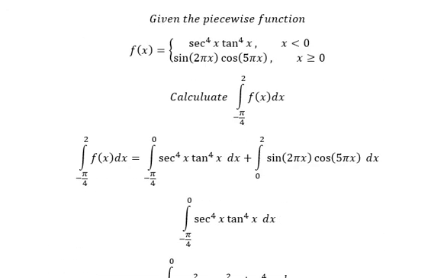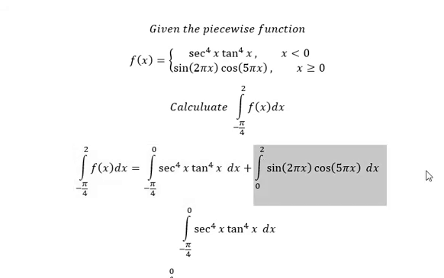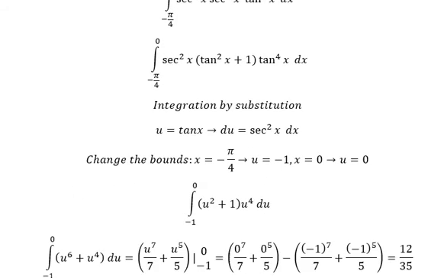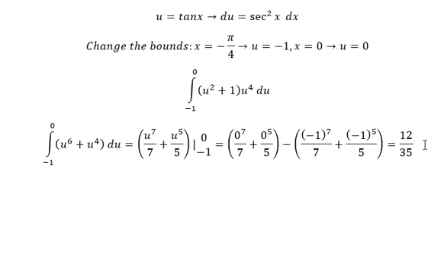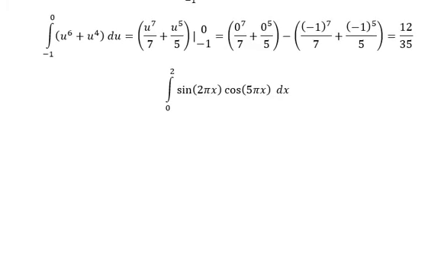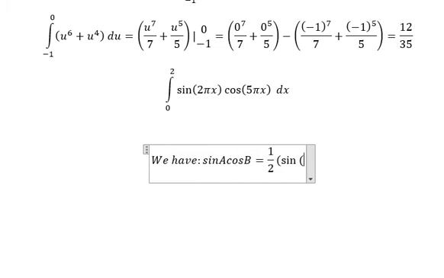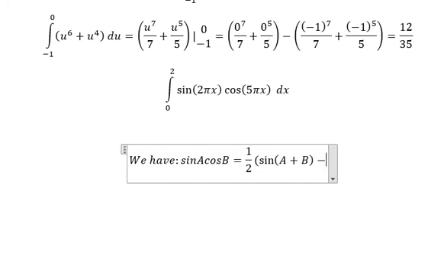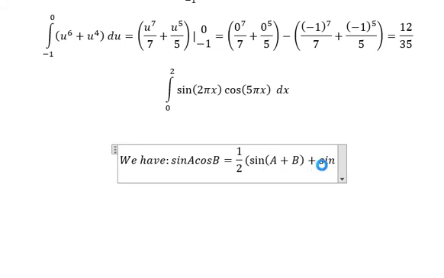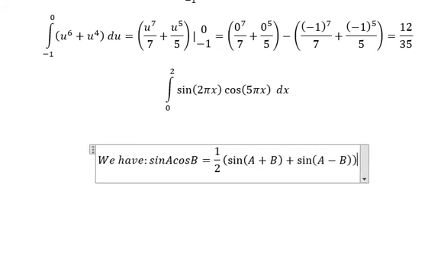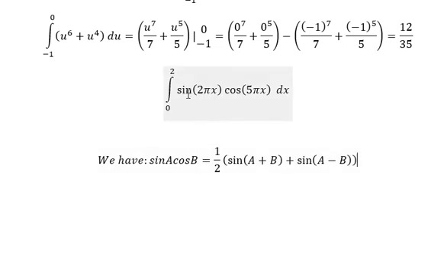Now let's go to the second one. So we have the formula in here. Sine A multiplied by cosine B equals 1 over 2 sine of A plus B, and we have sine of A minus B. So we apply the formula for this one.